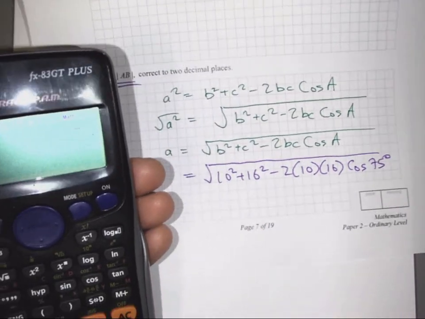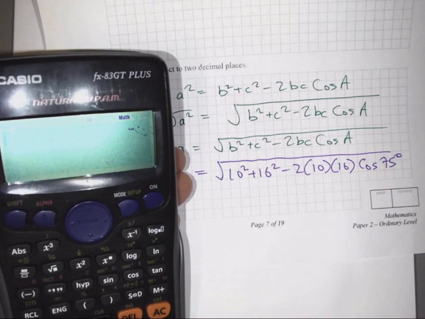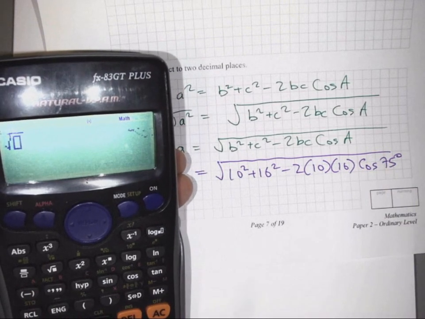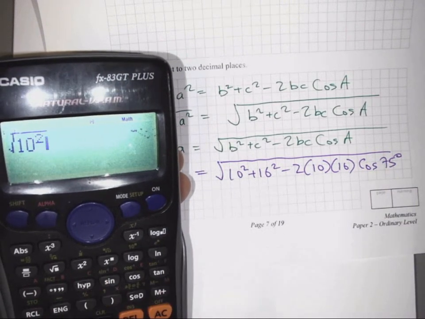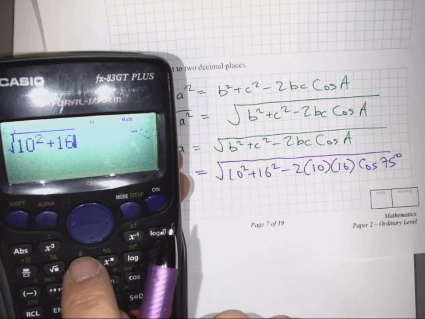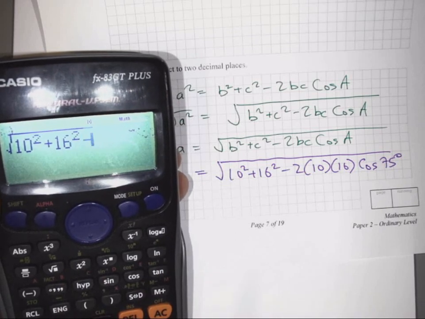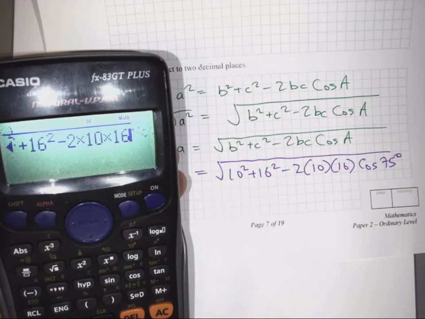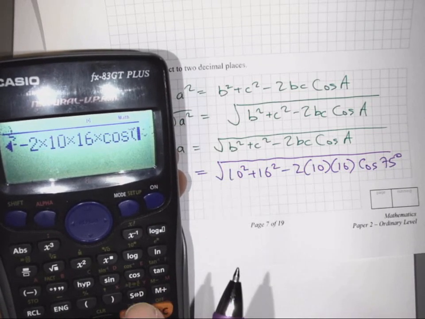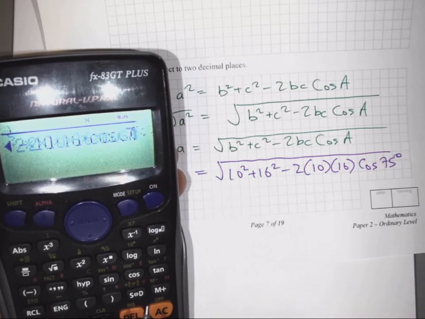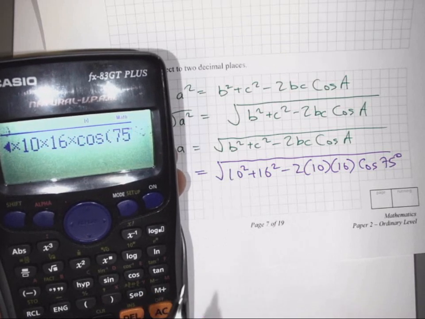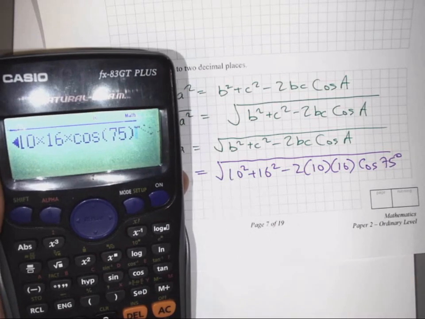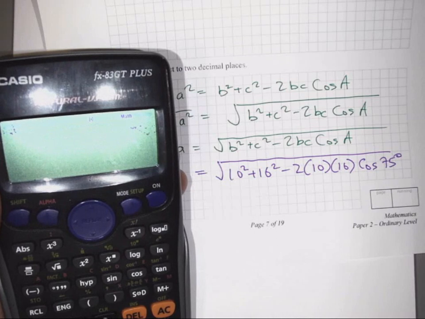So how do we do that? We press our square root sign, and we have 10 squared plus 16 squared minus 2 multiplied by 10 multiplied by 16 multiplied by cosine 75 degrees. That should do it, hopefully. Press equals.